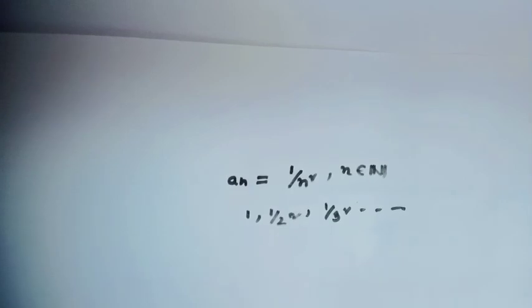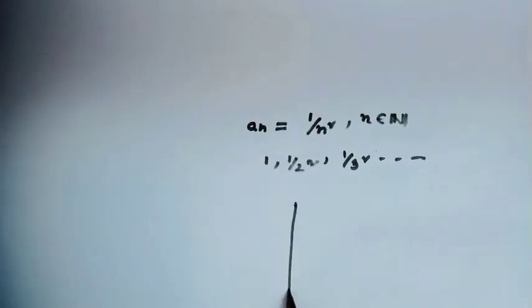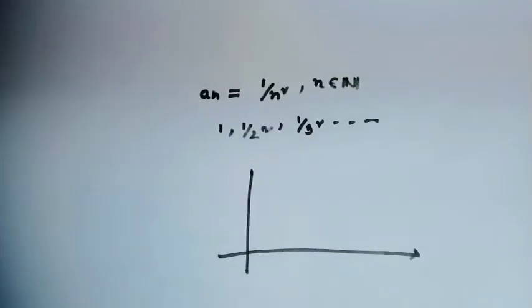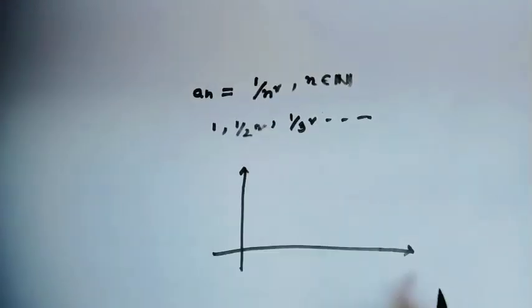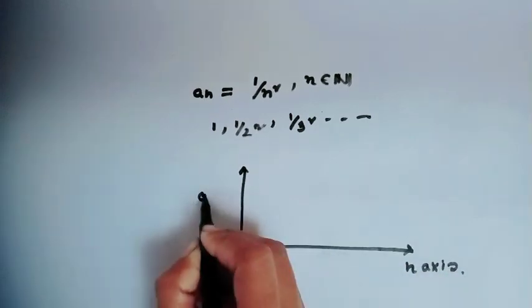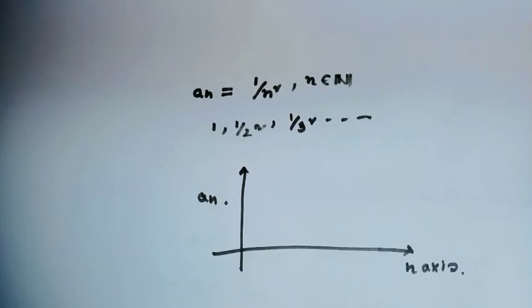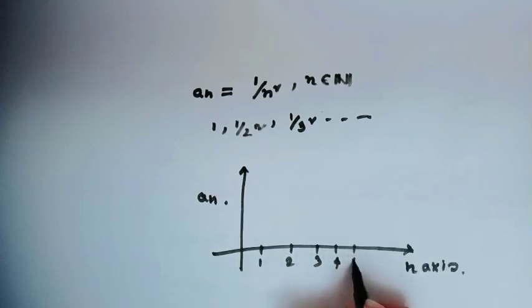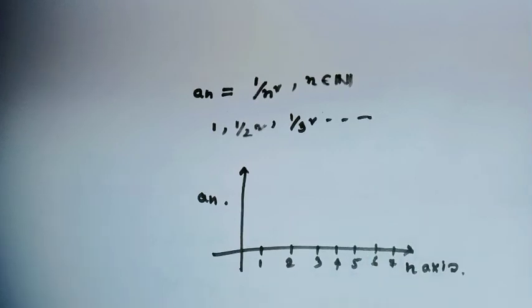Let's draw the picture. This is the n axis, and this is a n. Here 1, 2, 3, 4, 5, 6, 7, and so on.